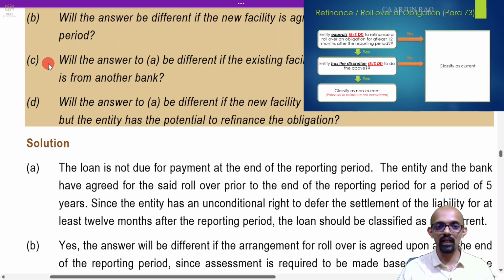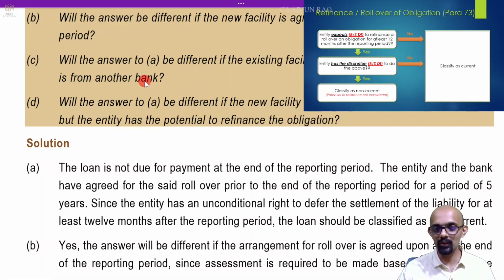Then C, will the answer to A be different if existing facility is from one bank, new facility is from another bank? So, then essentially what will happen is the new bank will pay the old bank. That is, it is like you are paying the old bank and getting money from the new bank. So, in that case, actually the existing liability is not getting changed into a new liability or settling the existing liability and then creating a new liability.